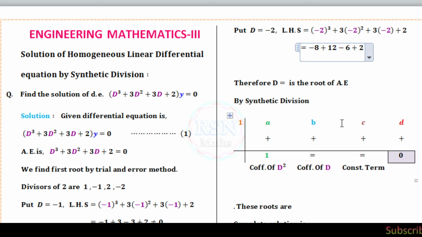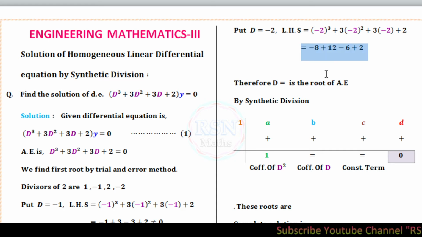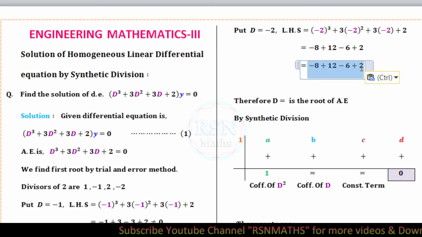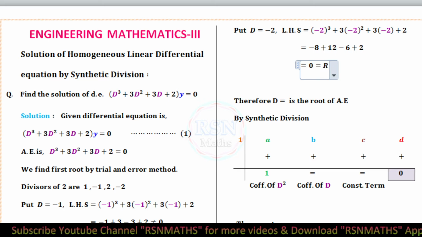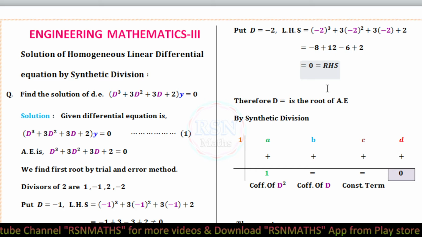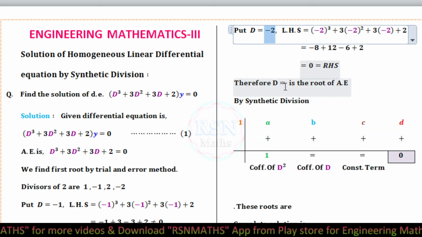After simplification, what can we get? Is it equal to 0 or not? It is 0, which is equal to the right hand side. Then what we can say is that D equal to -2 is a root of this auxiliary equation.